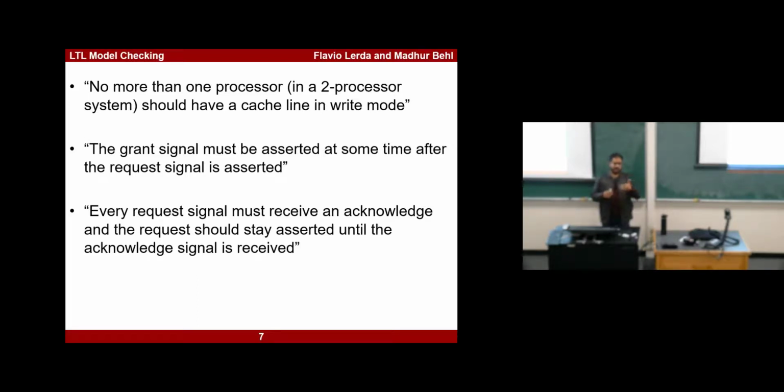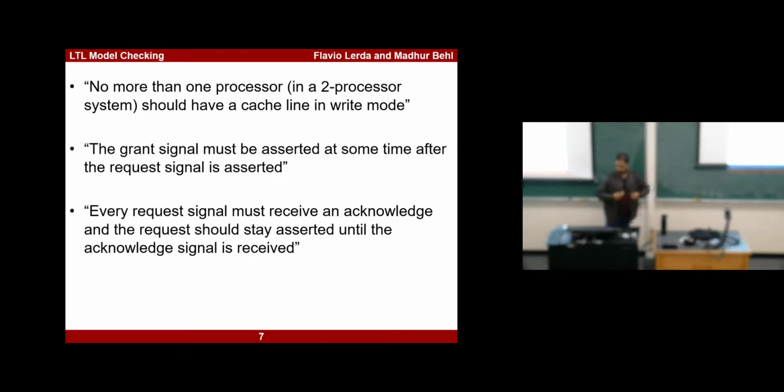So that's an English language requirement, and we would want the logical equivalent of that. So we would have maybe a variable which says the cache line belongs to processor 1 or processor 2. And then we can also have another flag which says whether you are writing or reading from the cache line. And you can compose some logical statement that could be the equivalent of what is shown here.